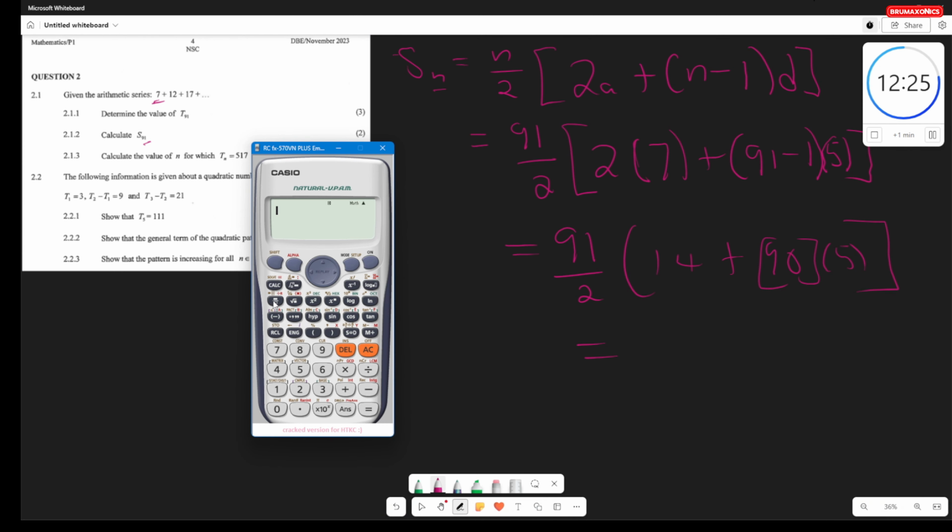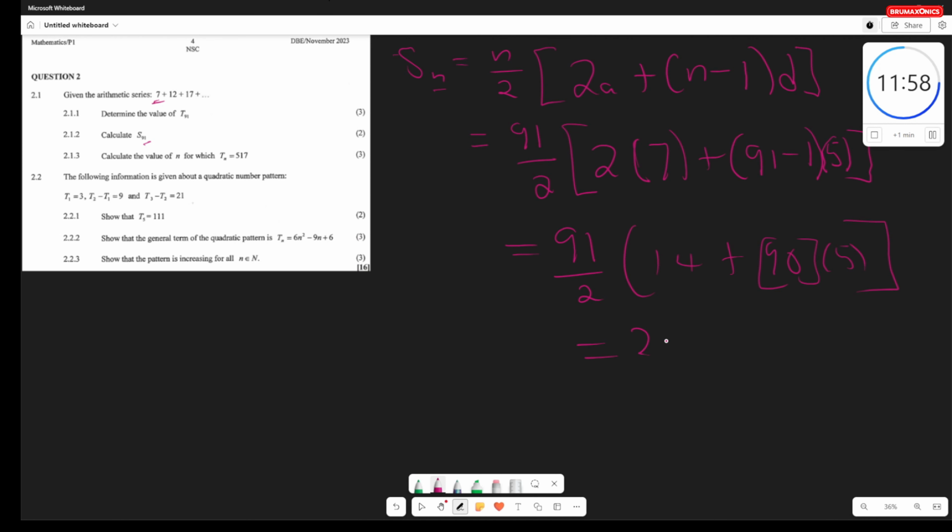That will be 91 over 2 times bracket 14 plus 90 times 5, and then we close it. We are going to get this particular value, and the sum of 91 terms will be 21112. So this is our answer there.